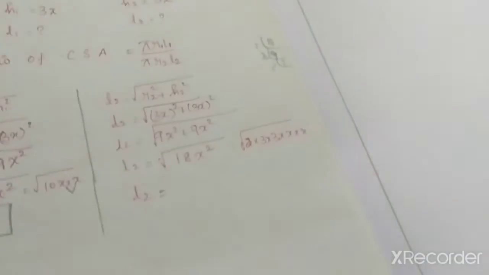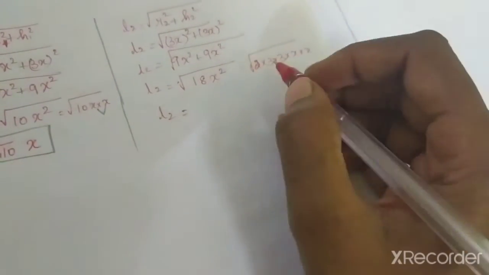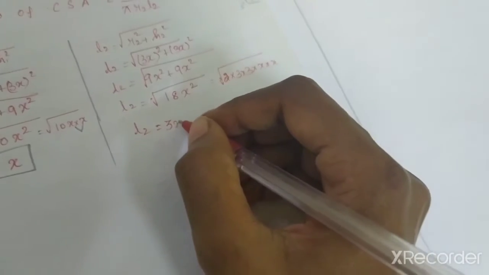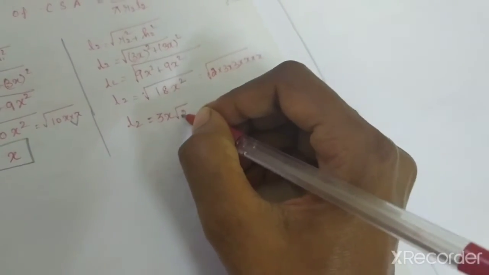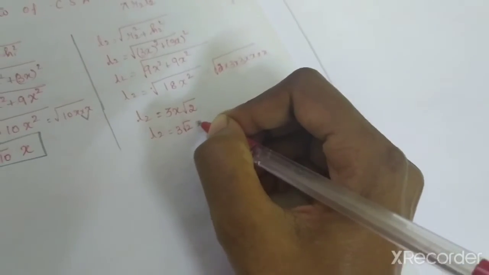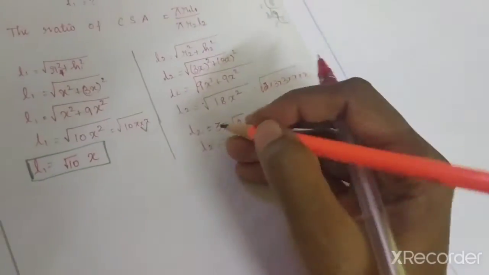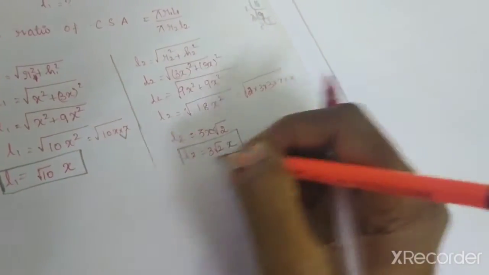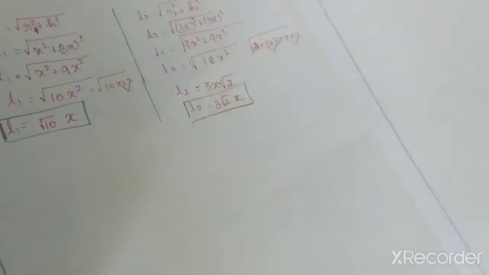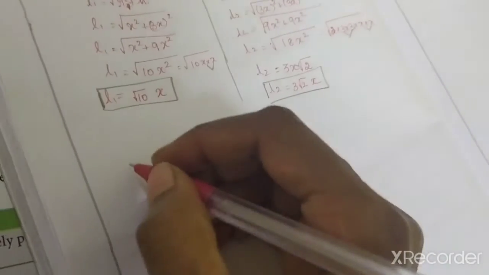So L2 equal to 3 root 2 x. Why am I writing this? Are you clear? Because I can take 3 out, x out, but root 2 is not coming out. So I am having like this.